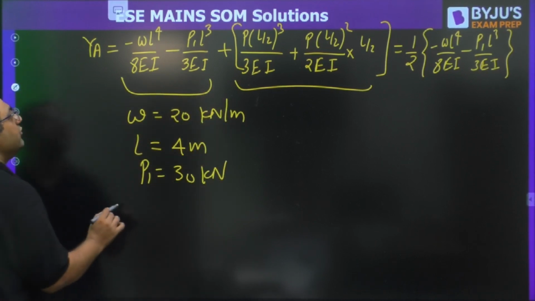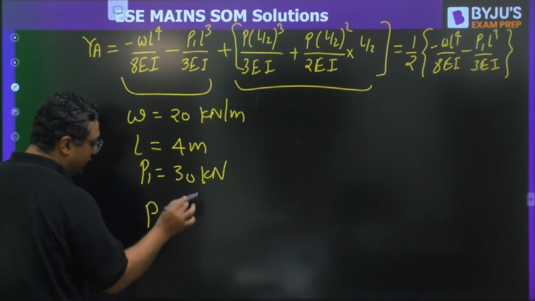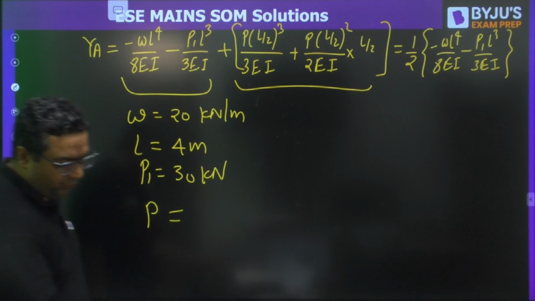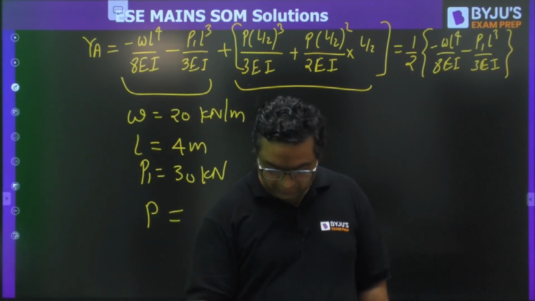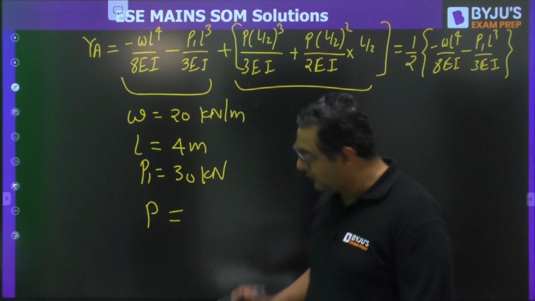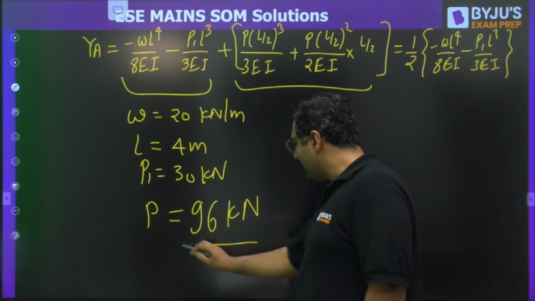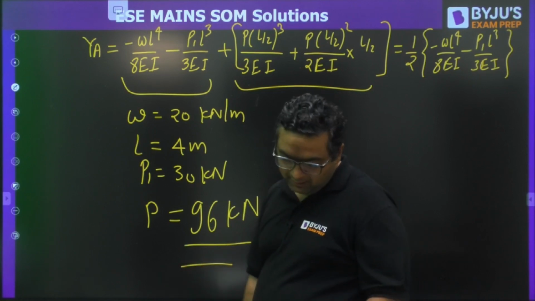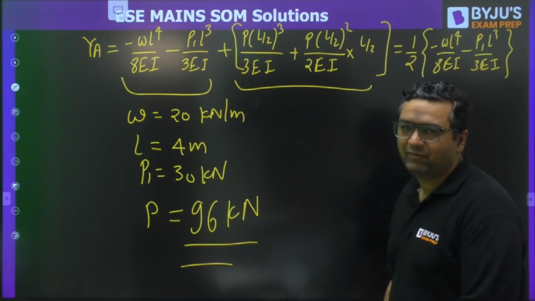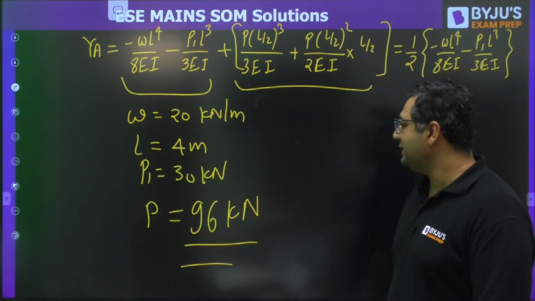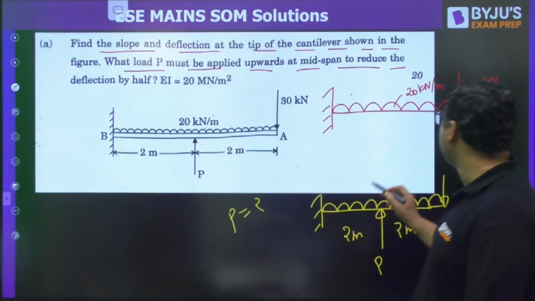So my dear, when you solve it, you will get the value of P as equal to... I have already solved it for you guys, and after solving, we are getting the value as 96 kilonewton. Once again, as I said guys, you guys are champs in calculation, okay? So I have tried it for you, but yes, the procedure will remain the same as I have said. So 96 kilonewton. This was a 20 marks question, okay?